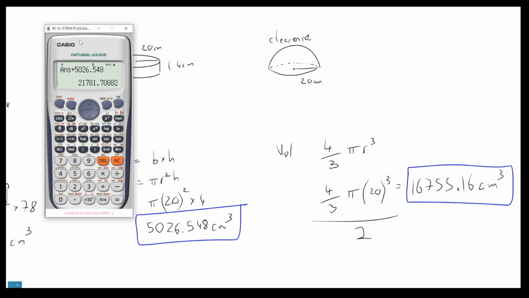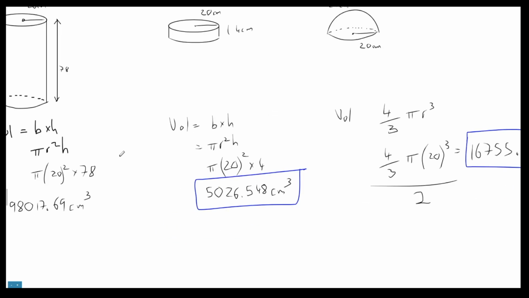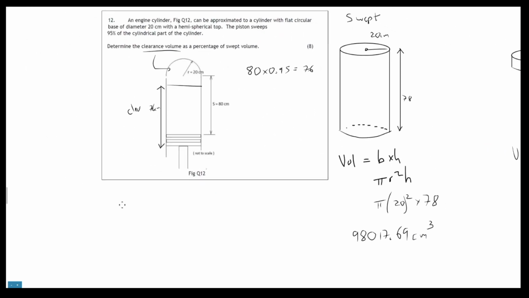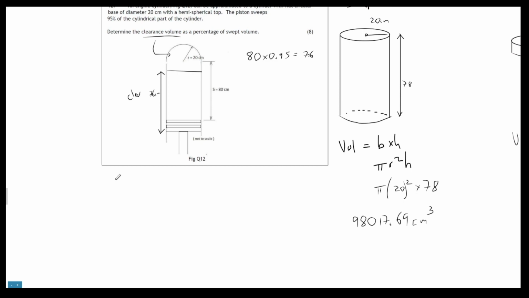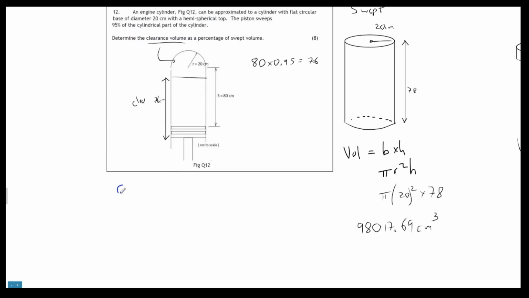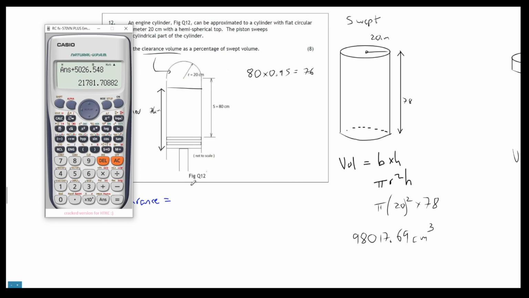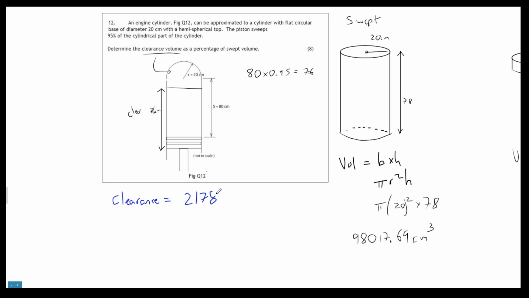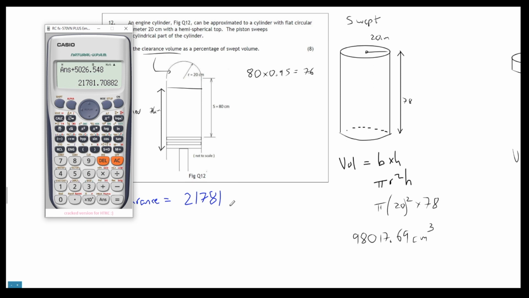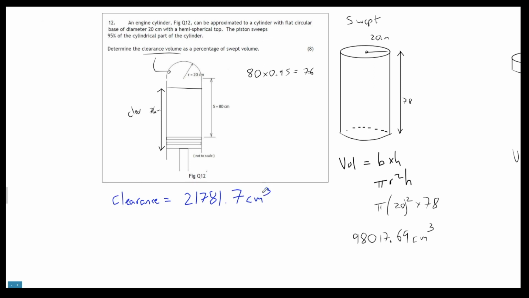Plug those in. So the clearance volume is equal to 21,781.7 centimeters cubed.